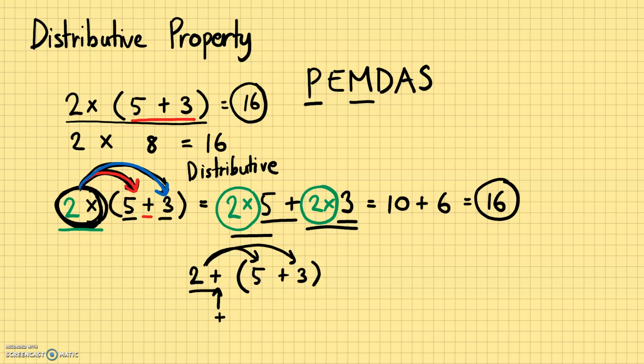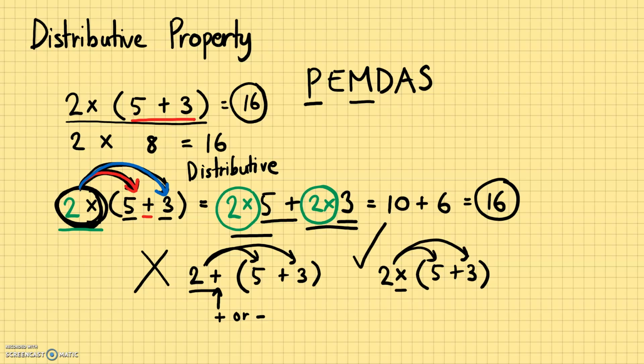Okay? If there's a plus or a minus, then you can't use the distributive property. You can only use distributive property if it's multiplying or dividing. So this part is multiplying. In this case, you can distribute the 2. Okay, so this part is okay. This part is not okay.